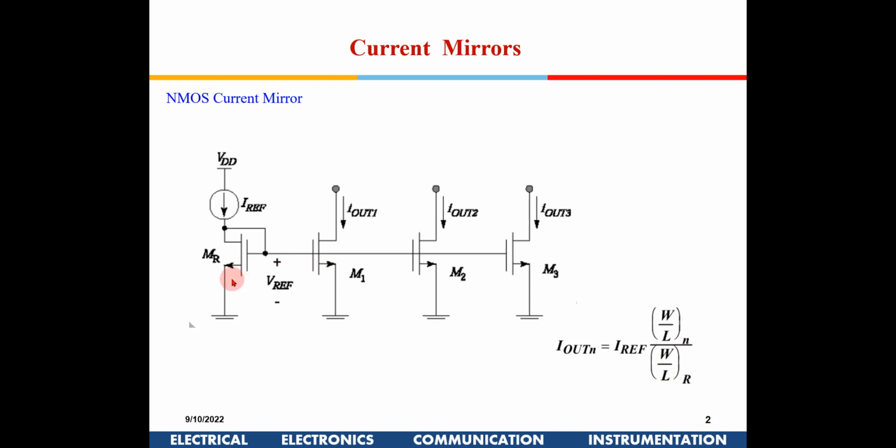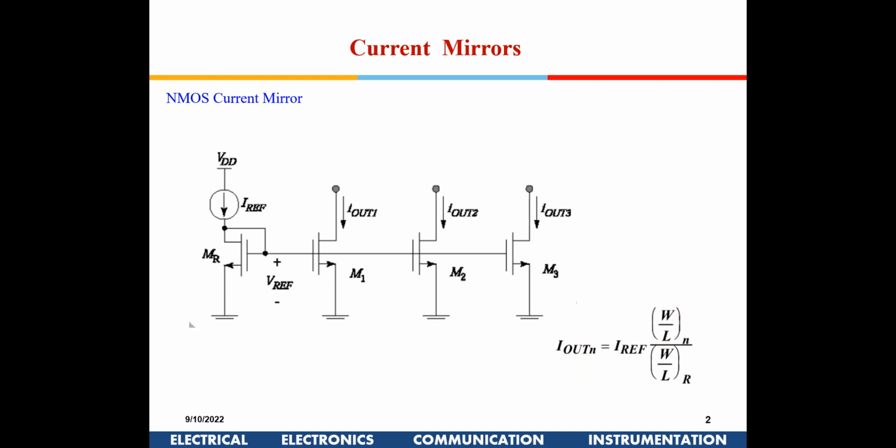Since the VGS is the same everywhere, the current can be altered by changing the W by L ratios. So (W/L) divided by (W/L)R into I reference will be the I out, where (W/L)R refers to the size of this reference transistor, and W/L represents the NMOS transistor from where we are sinking the current. Is this okay with all of you?